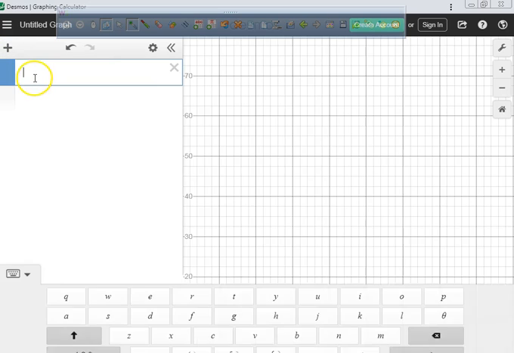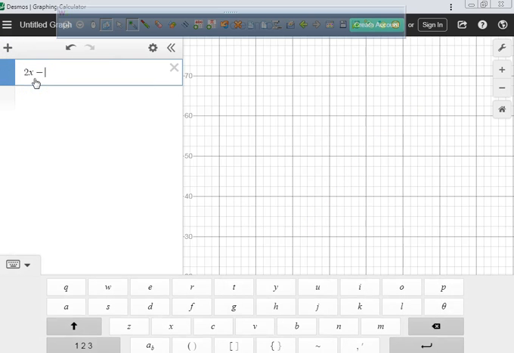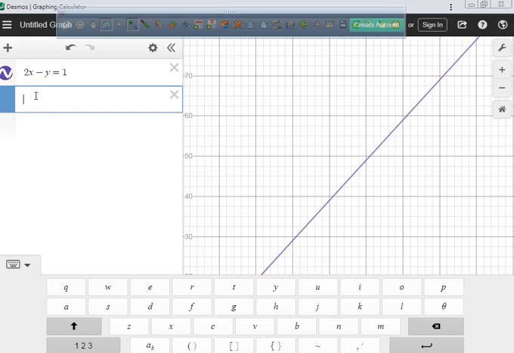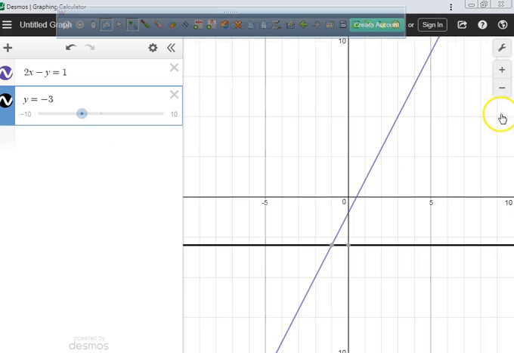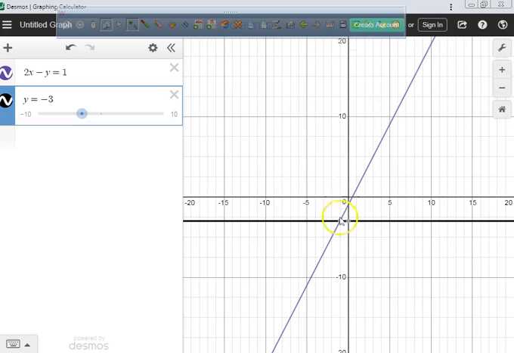All I'm going to do is type in 2x minus y equals 1, and type in y equals -3. Okay, hit the home button. Can everybody see where the 2 lines intersect? Right there. Now, everybody, what I'd like you to be able to do is at least know how to find the ordered pairs that you need to plot.